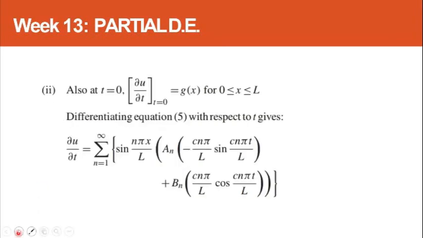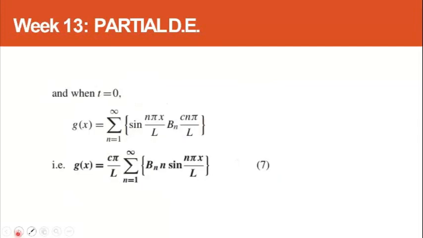So, based on our equation 5, it is this. The formulas used here are the sum rule and also the product rule for the derivation to get equation 7.